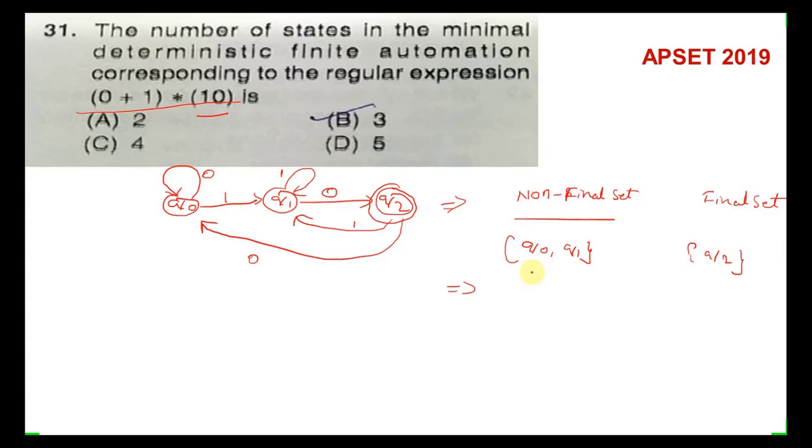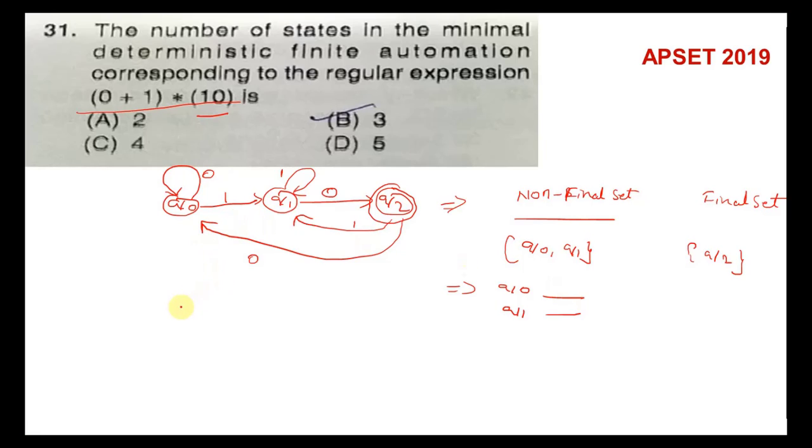In this set we have two elements, and in the final set we have only one element. When you have more than one element in a set, you consider that set and apply the transitions on its elements. First I take Q0 and then Q1, and apply the transitions on the input symbols.